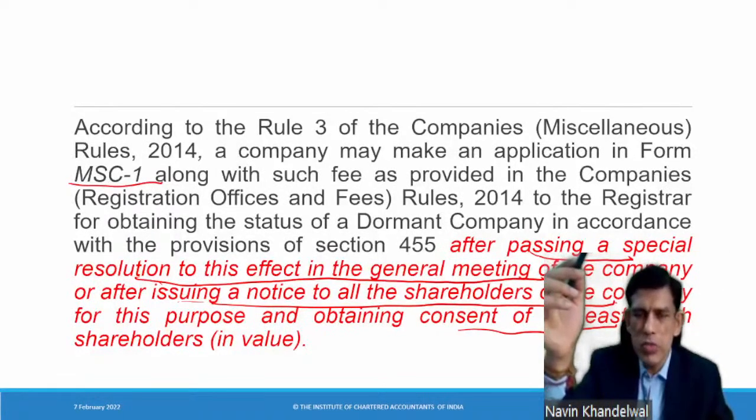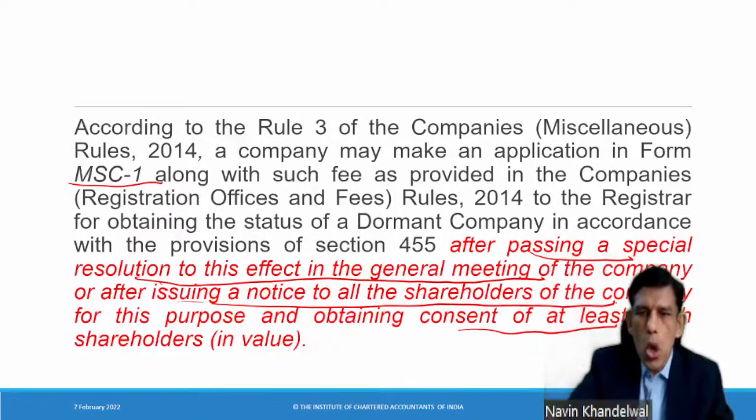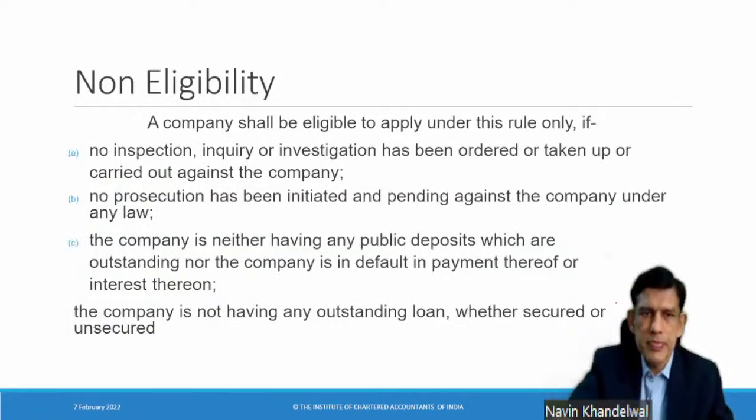Again, same provision with respect to the strike off of companies. Either you get an SR or consent of 3/4 of shareholders in value, either of the two. So before making an application, get an SR passed, along with the application, attach that special resolution, and then you are eligible to get the status of the dormant company.